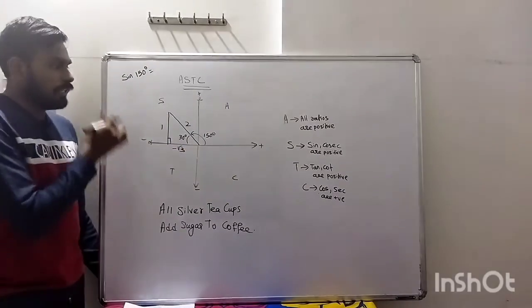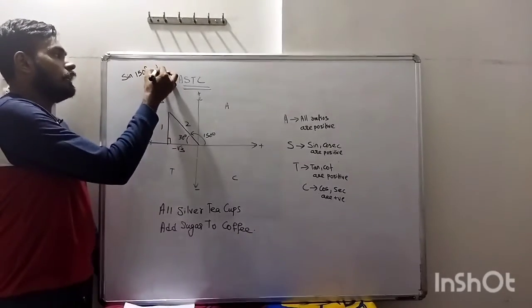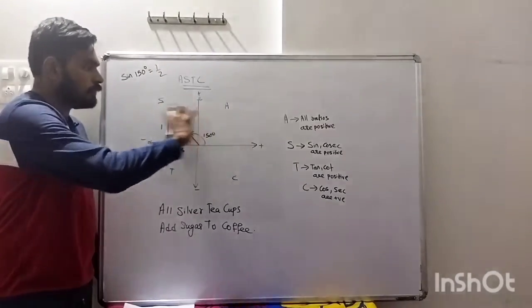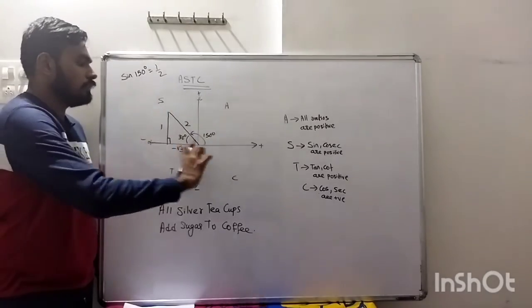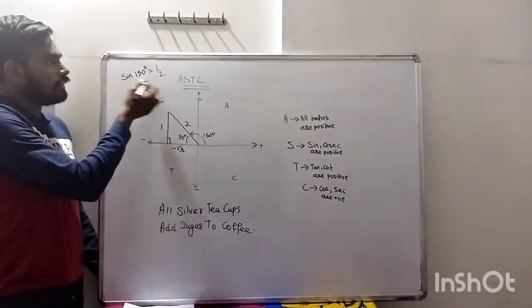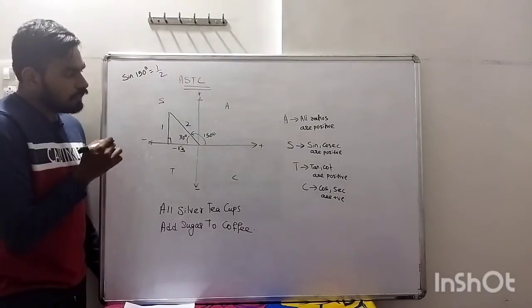So if you are trying to find sine now, what will you get? 1 by 2, and positive obviously. Here positive, this is negative, this is positive, this is positive, this is negative. So sine 150 degree is positive. Similarly, cosec will be the same, but if you try to find tan, cot and the rest, you will get negative.